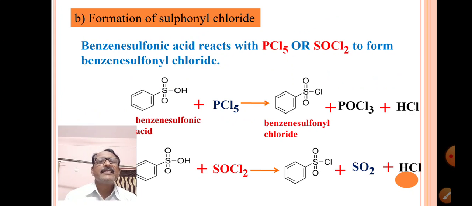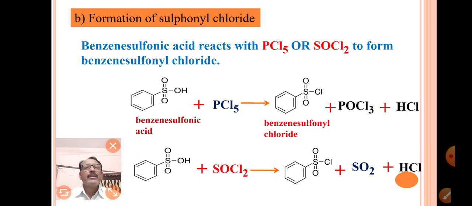The second reaction is formation of sulphonyl chloride. Benzene sulphonic acid reacts with PCl5 or SOCl2 to form benzene sulphonyl chloride. Benzene sulphonic acid plus phosphorus pentachloride gives benzene sulphonyl chloride with the formation of POCl3 and HCl.